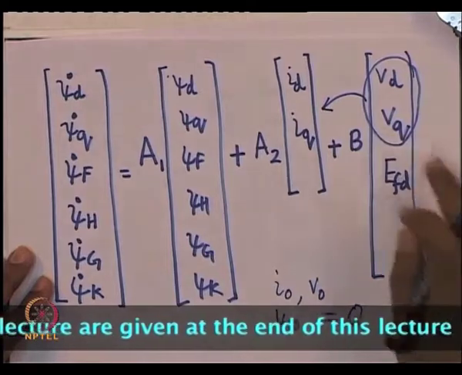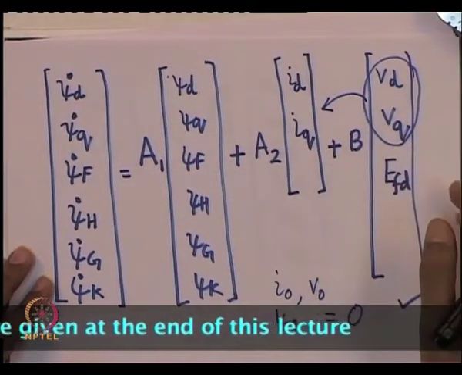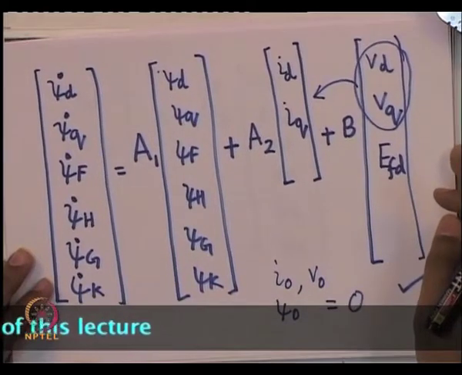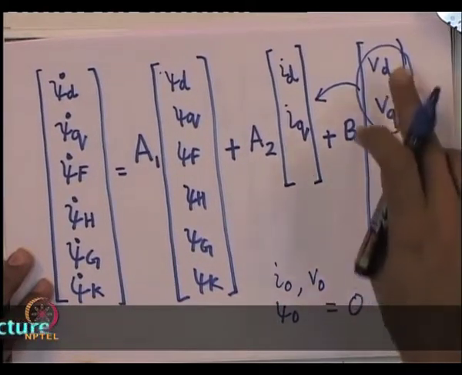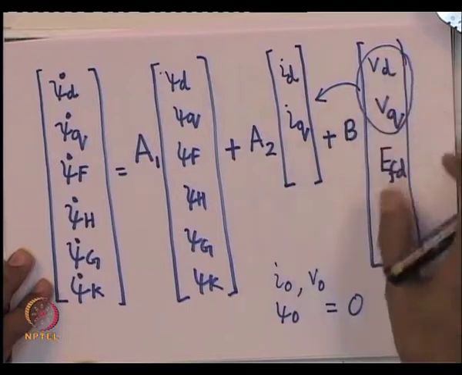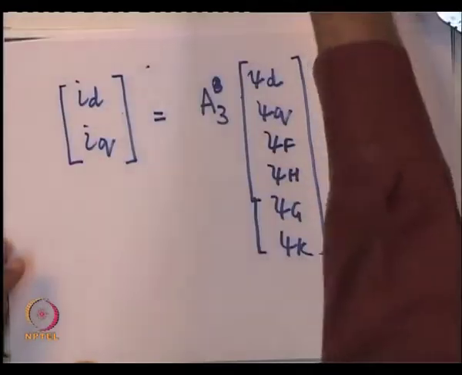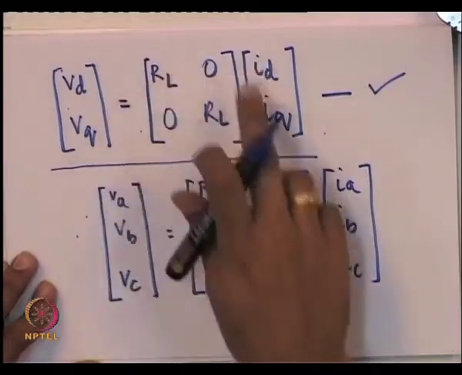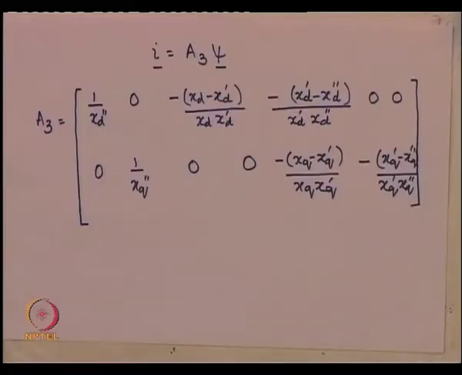Of course, if there was an independent voltage source at the terminals of a synchronous machine, then you would have to define Vd and Vq, but as I mentioned some time back, Vd and Vq are related to Id and Iq.